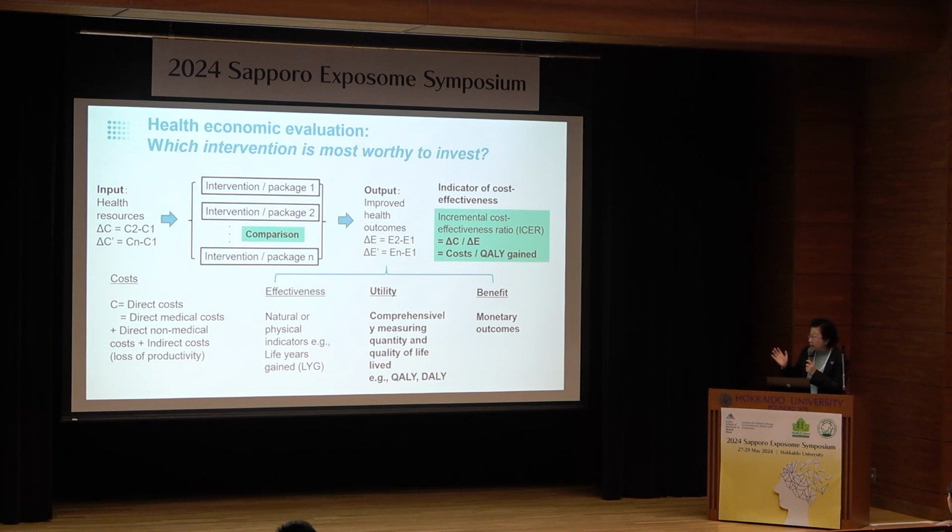And also the benefit, which is monetary outcomes. So by comparing the outcomes against the cost or input, the incremental cost effectiveness will be calculated, and this is called ICER, the incremental cost effectiveness ratio.